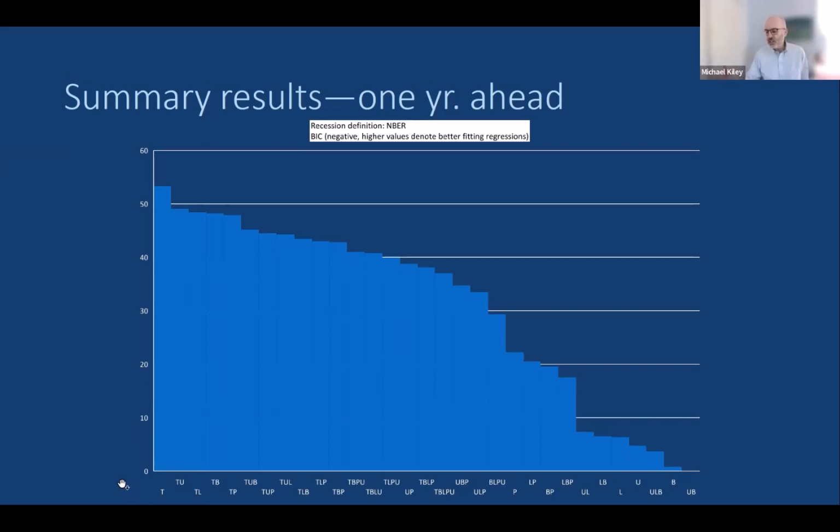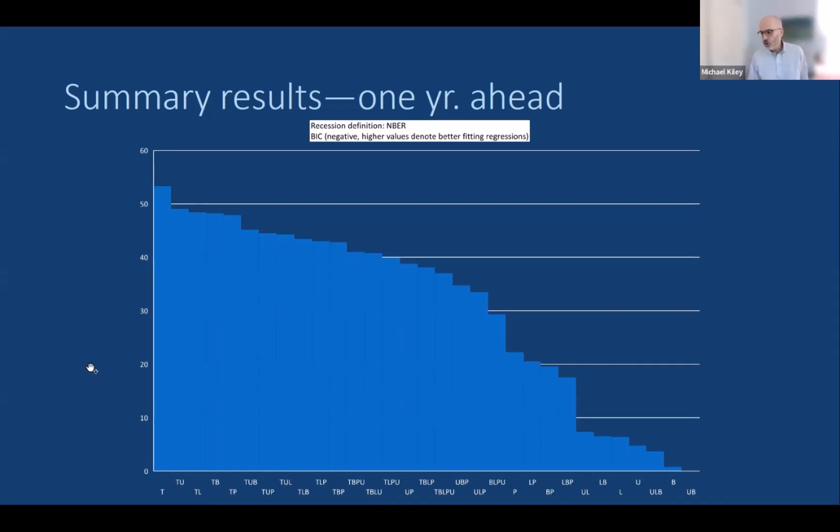And CPI inflation enters as often as the leading indicator, even though it is not often considered a recession indicator. Those are hints that among good fitting models, some of these state of the business cycle variables, like inflation and the unemployment rate, which are not frequently used in the recession prediction literature, are reasonable predictors. But again, they're just in the mix.